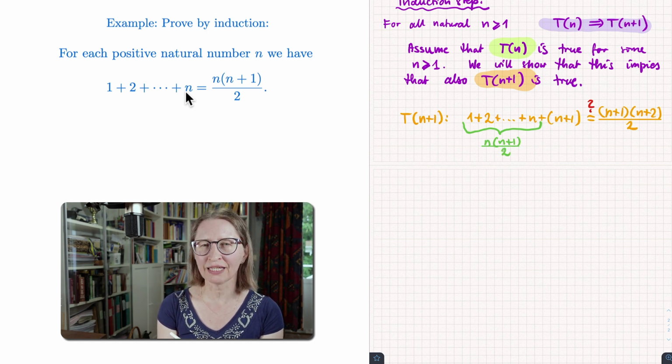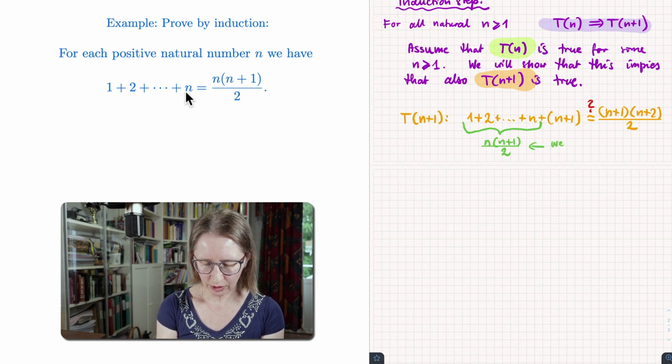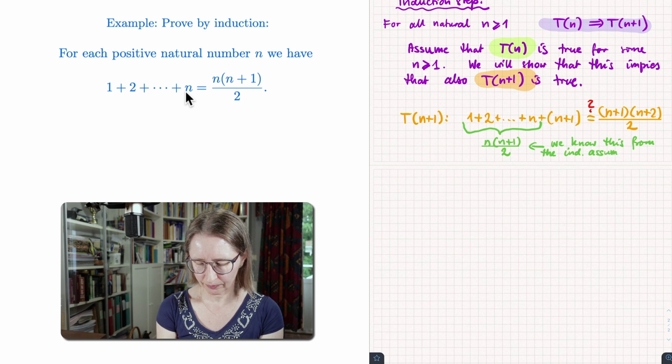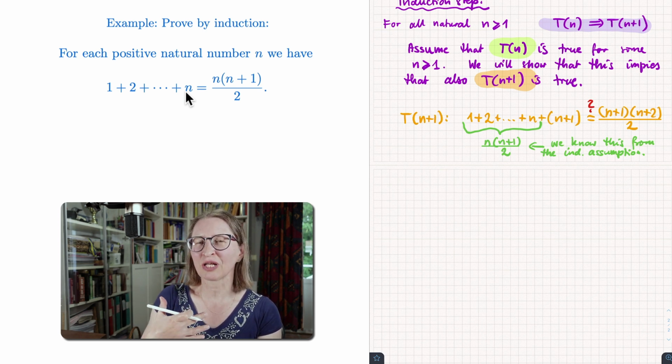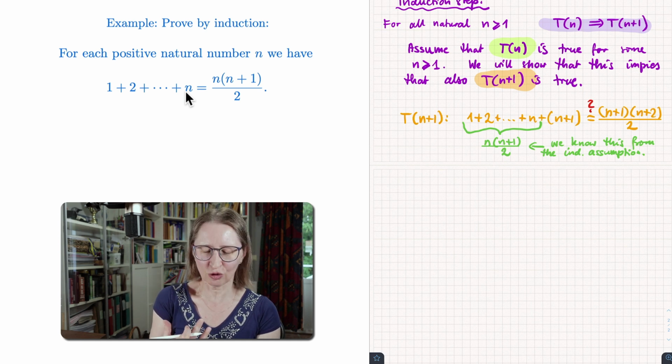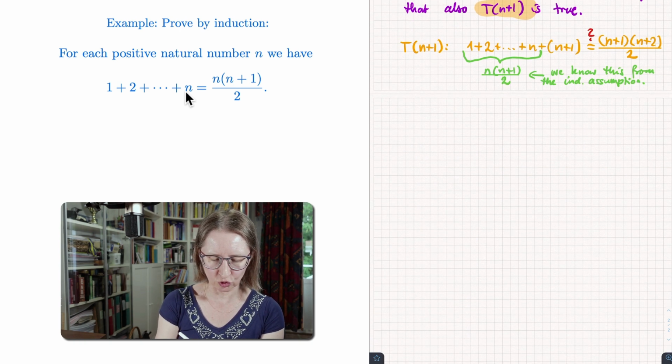This we know from the induction assumption. But from this point it is easy. So now we can use this assumption in order to show that this orange formula is true.